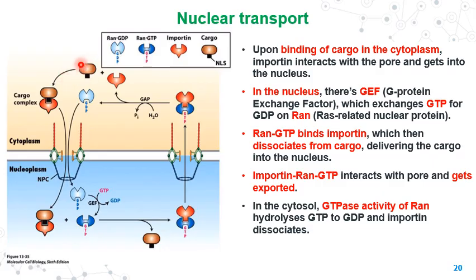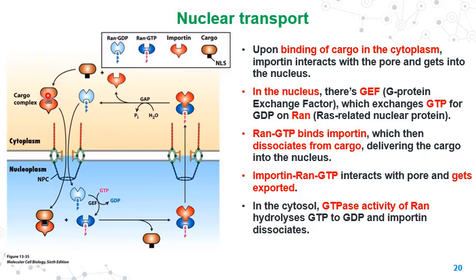The cargo is going to interact with transportins. Transportins can either be importing or exporting. In this case, this one is an importin. That transportin has to be in a specific conformation to recognize the signal sequence of that cargo. That's a zip code.